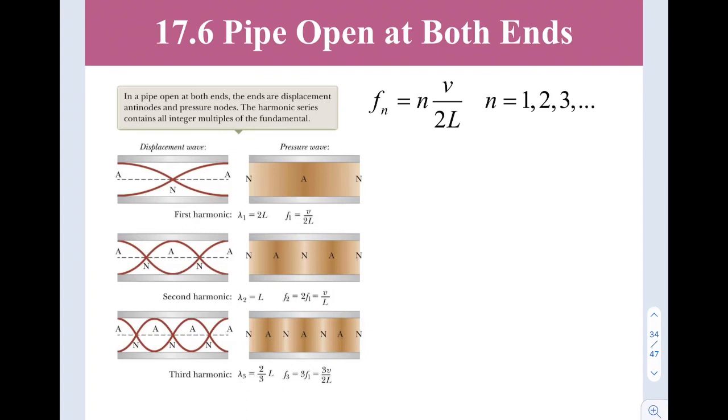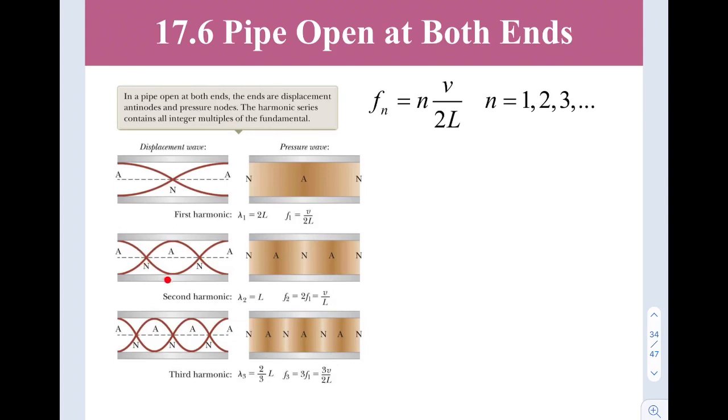So in terms of the physical diagram, we are going to have here the antinode in terms of the pressure wave, and then here is a node, where we know that it is opposite to the displacement wave. So for the first harmonic here, lambda 1 is equivalent to 2L.